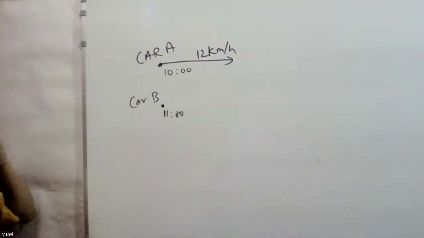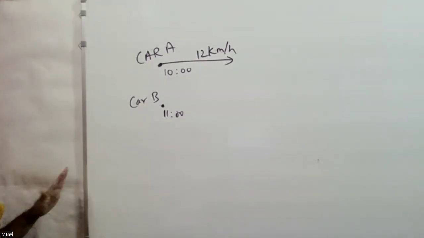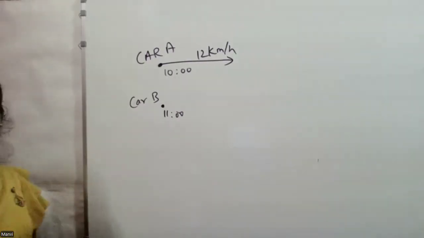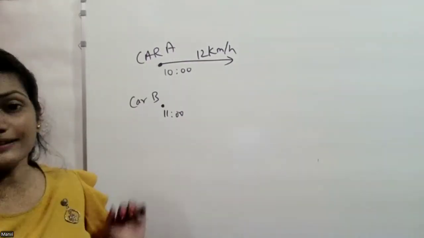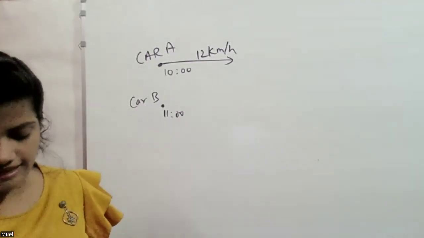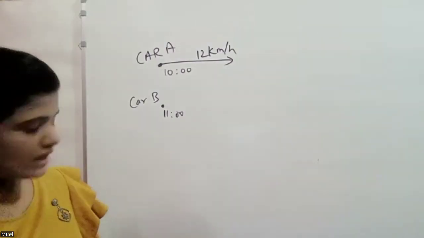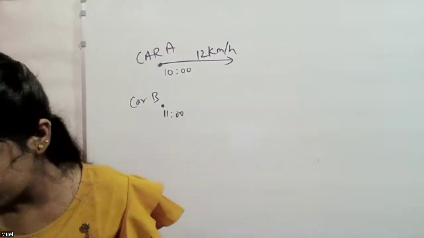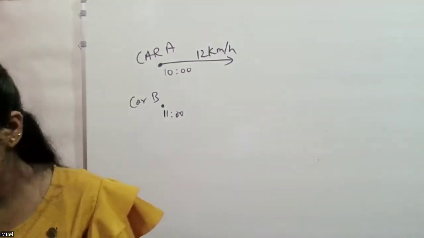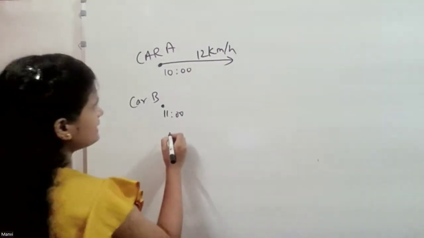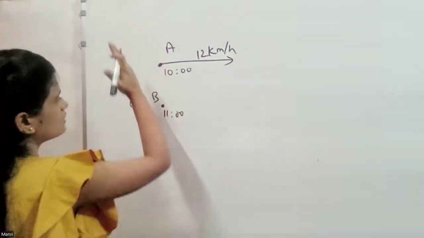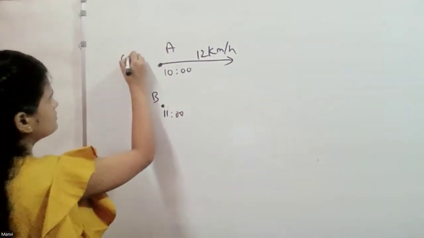So in step 2, you need to find out how much the second cyclist gains each hour. So car B, sorry, this is not a car, this is a cyclist.